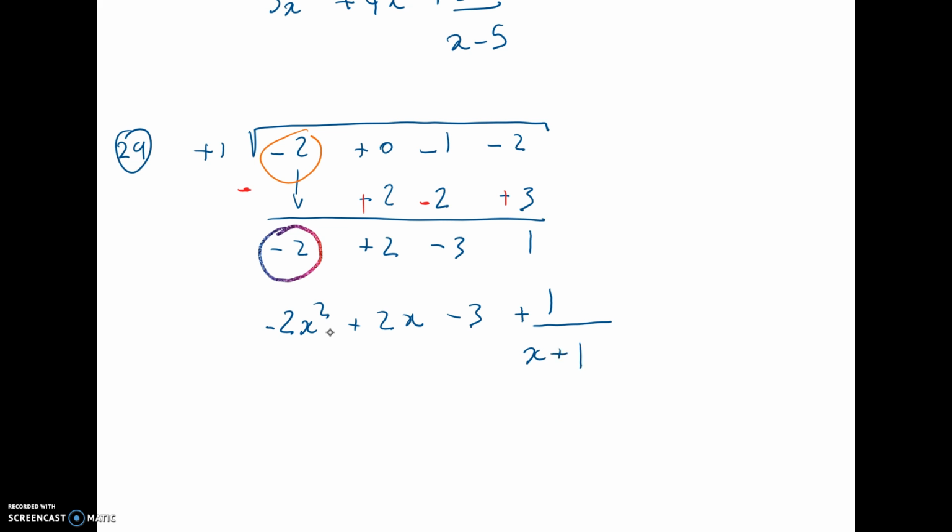You will notice that they were talking about dividing the polynomial by x plus 1, and in my synthetic division, I took the plus 1. Whatever is in my parentheses, I decided to take it, and so I need to subtract.